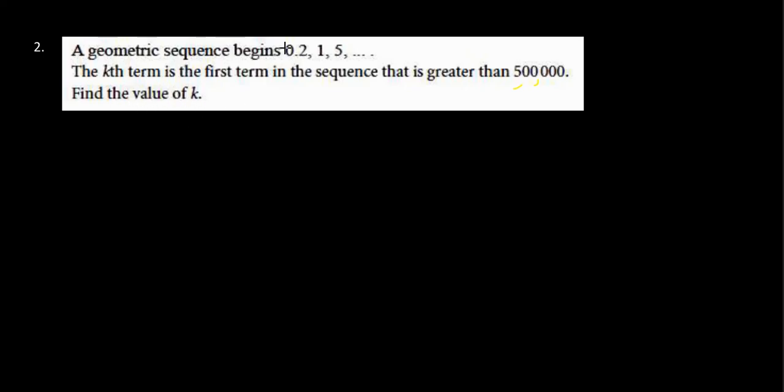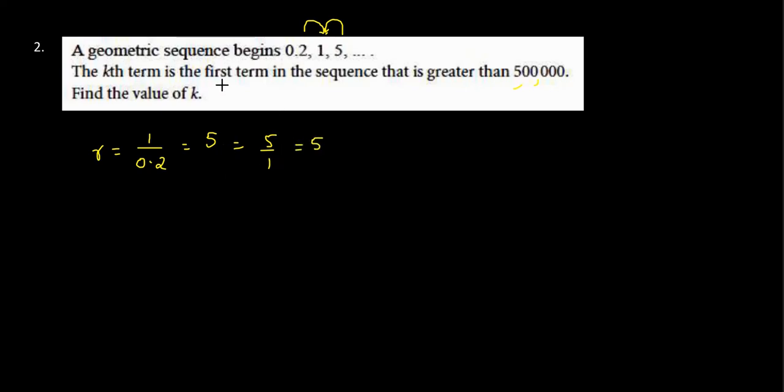Since it is a geometric sequence, we need the common ratio r. Verifying, 5 by 1 is 5, and 1 by 0.2 is also 5, so the common ratio is 5.